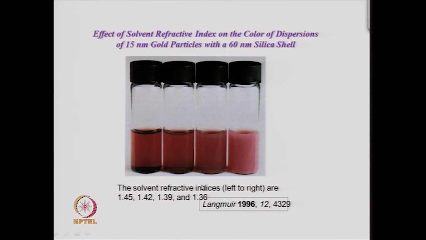And these are pictures of gold particles with a 60 nanometer silica shell, and what has been changed is the refractive index of the liquid in which these particles have been dropped. You have the gold particles covered with a 60 nanometer silica shell, and you put them in some liquid which has a refractive index of 1.45, 1.42.